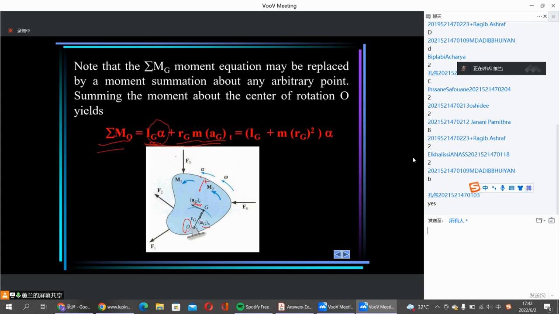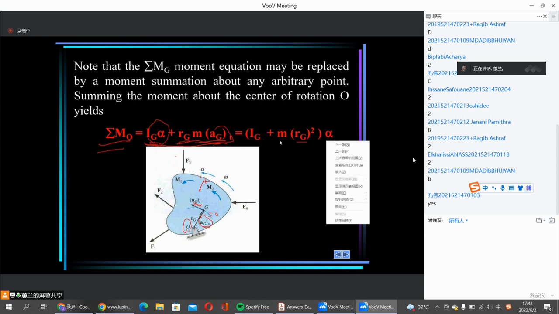Because the normal kinetic force passes through point O, its moment arm equals 0, so this one will have no moment about point O. But the tangential component will have a moment about point O. Its moment arm is R_G, and its magnitude is m a_t, where the tangential acceleration equals R_G alpha. So we will have this one.